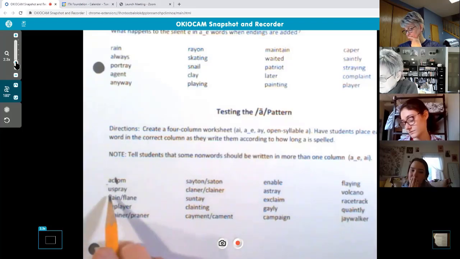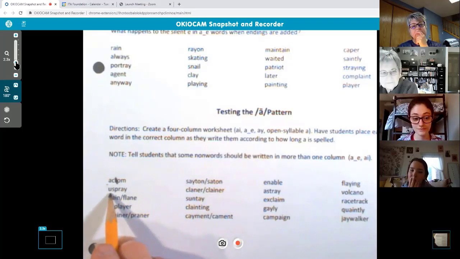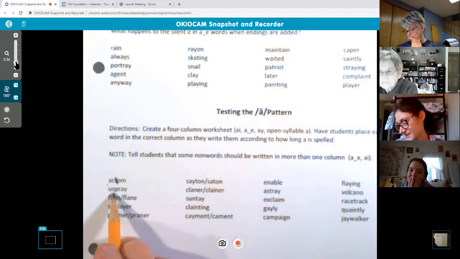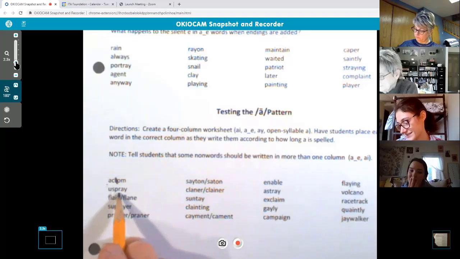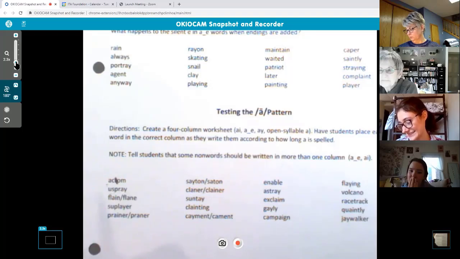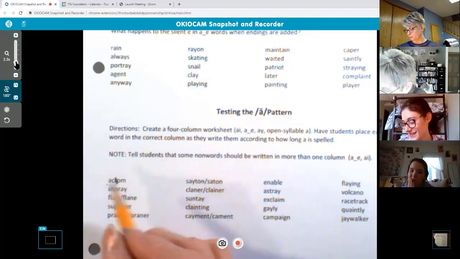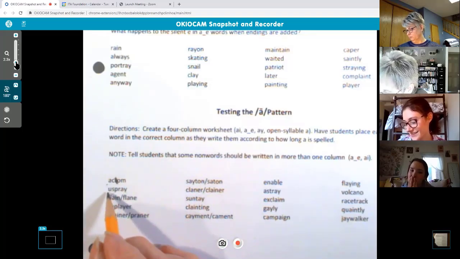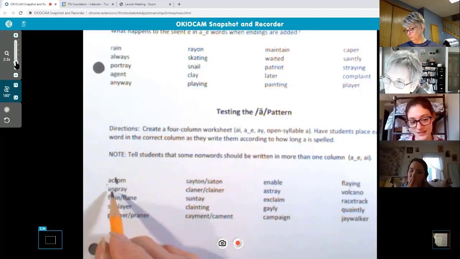Bridget, how would you pronounce this one? I'm not sure if it would be a long or a short vowel at the beginning. What would make you think it's a long one?